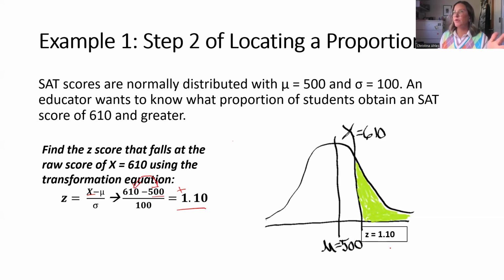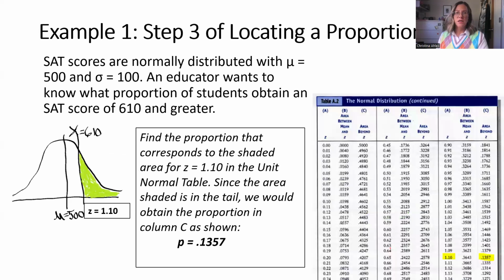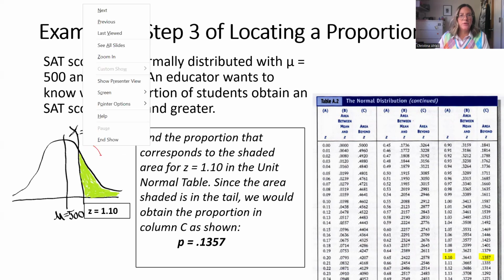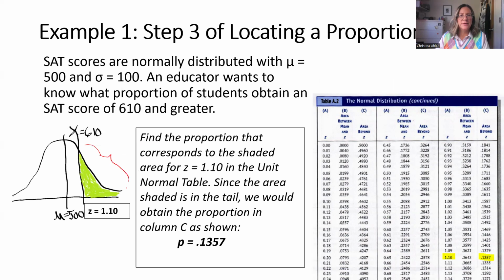You can't find proportions until you get a Z location. So we're going to use that unit normal table. And so remember, we noticed this area that we were drawing is in the tail, which is column C, right? So first thing we're going to do is look up our Z-score of 1.10.